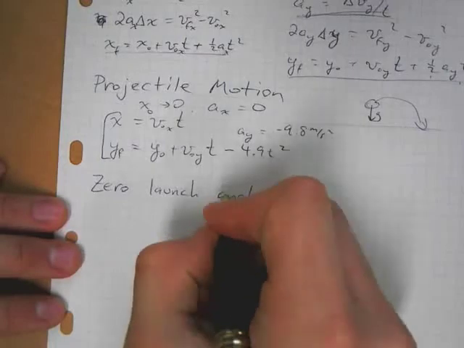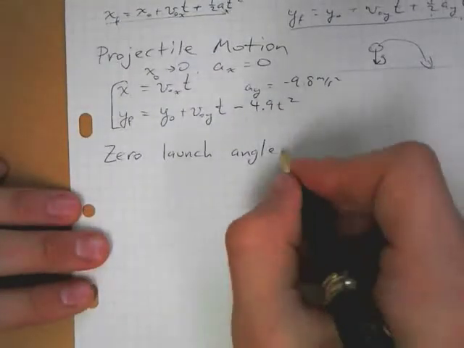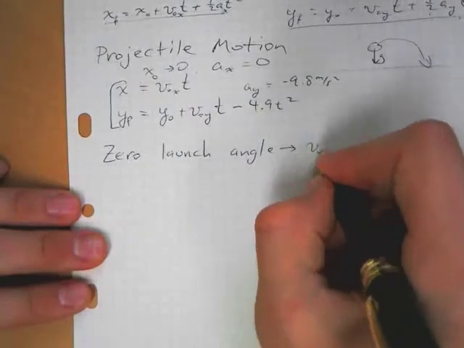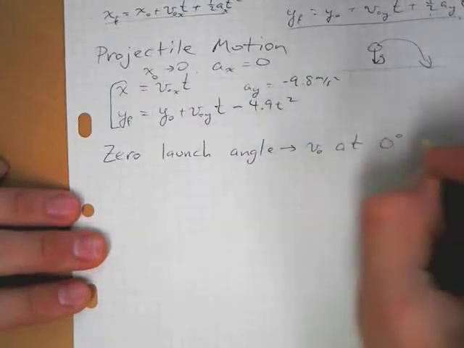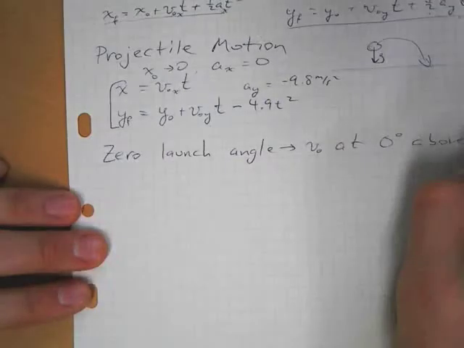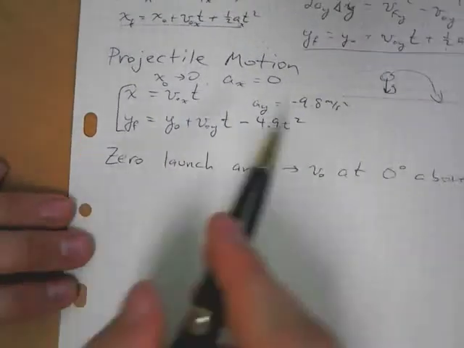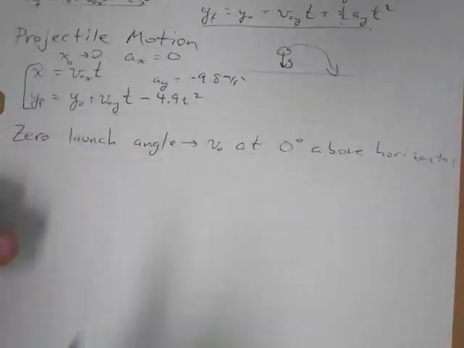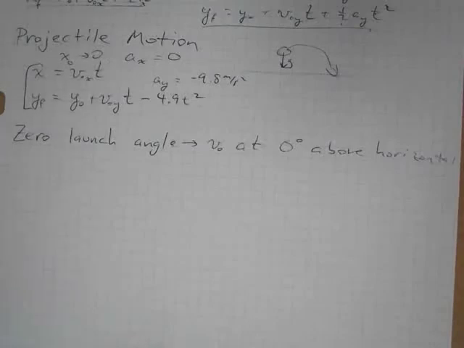Zero launch angle means that we have v naught, some initial velocity, at 0 degrees above the horizontal. So something is just being fired straight out, like a gun being fired straight, or somebody throws a ball straight, whatever.